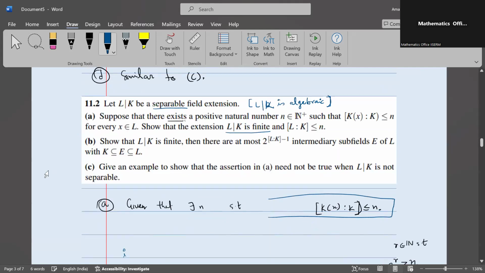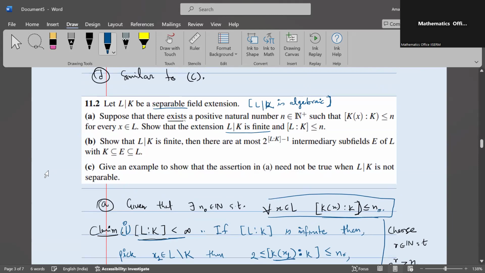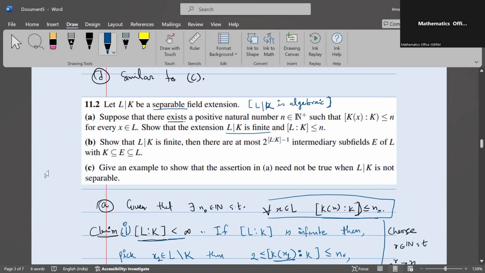Okay, so what says part B: L over K is finite, separable is already given. So it is a finite and separable extension.